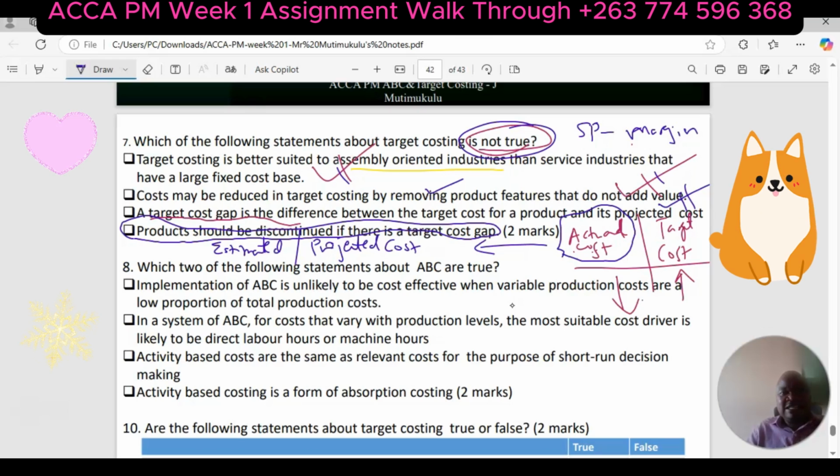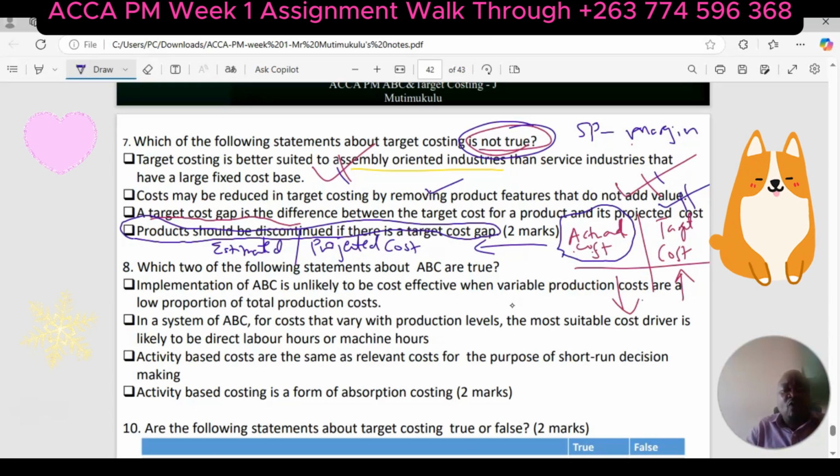If they are lower than the target cost, there is no gap. Please bear that in mind. This is an exam trick. So it only exists if the estimated or projected costs are greater than the target costs. I'm sure I have been heard there.